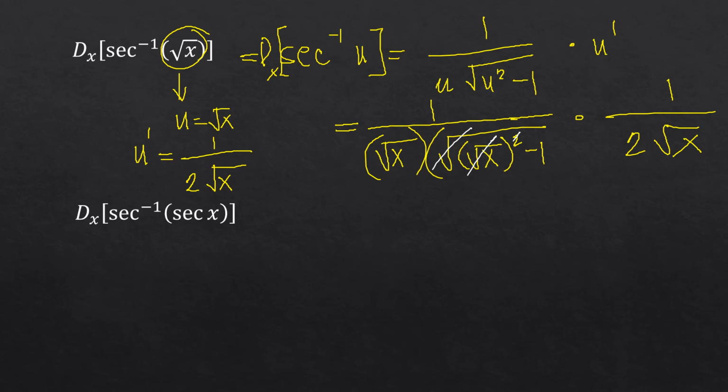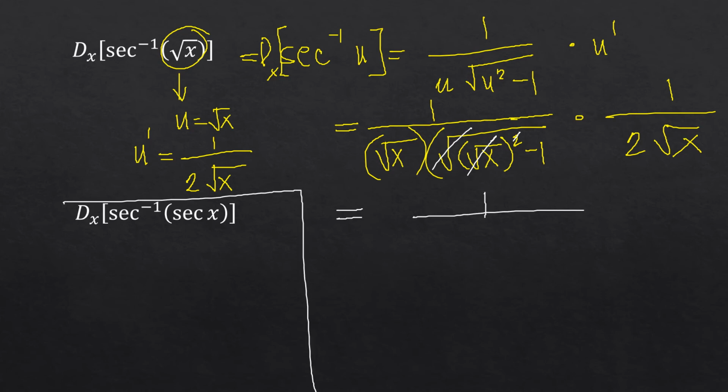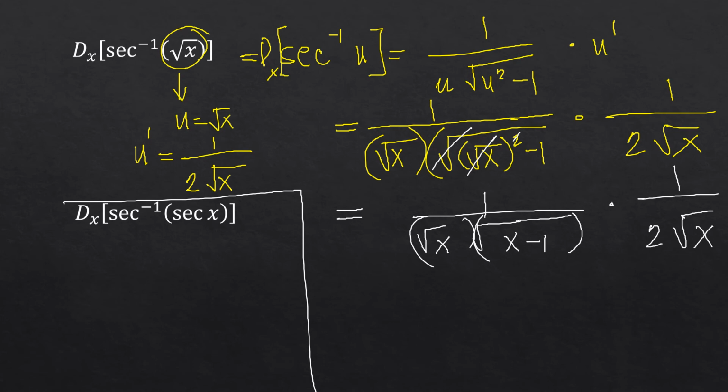So we can rewrite that into 1 over square root of x times square root of x minus 1 times 1 over 2 square root of x.